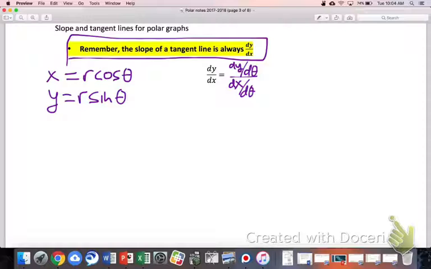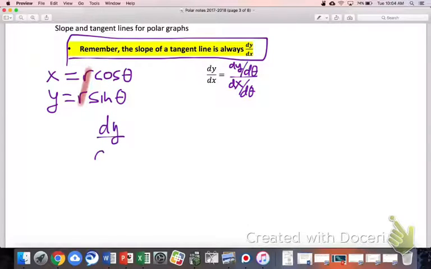Okay, so to fully develop this a little bit further, what we'd want to do is find dy d theta and dx d theta, realizing that the r is either going to be a constant or, in just about every other case that we're going to look at, r is going to be some function in terms of theta. So in order to find dy dx, we'd have to use the product rule a couple of times.